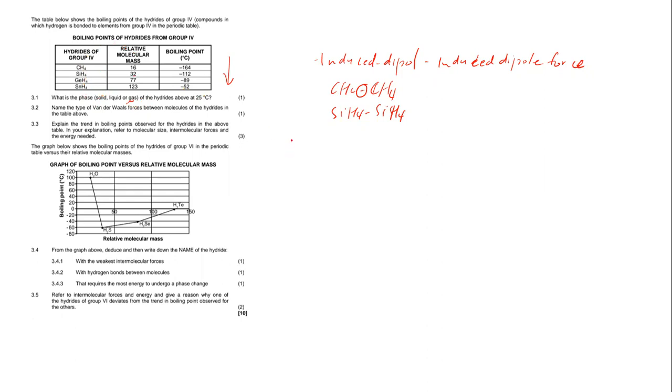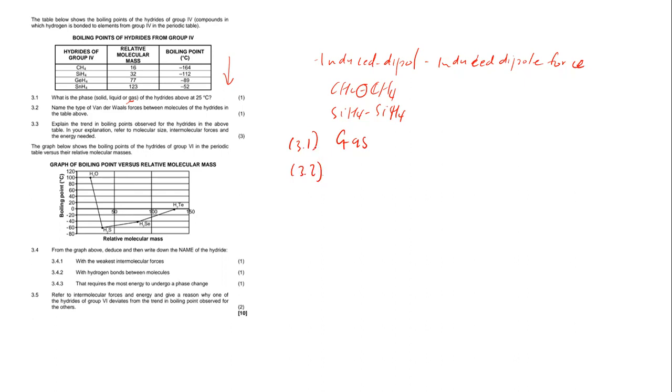So to answer question 3.1, where they ask what is the phase, solid, liquid, or gas, of the hydrides at 25 degrees Celsius, it's going to be in gaseous state. So here we are looking at gas. Okay, so that's how we answer 3.1.